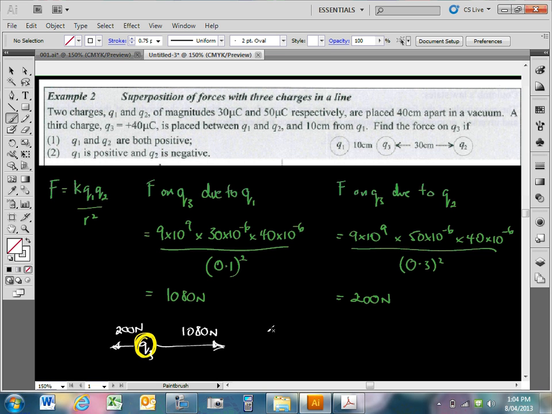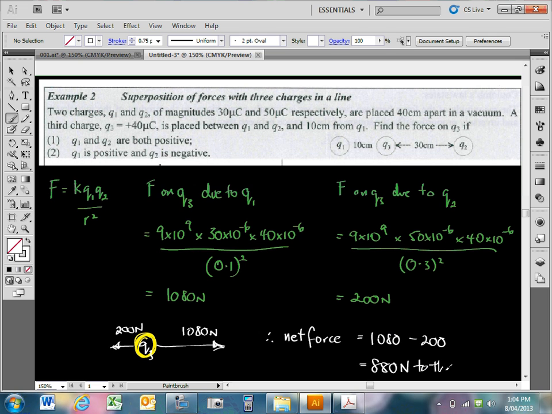Add vectorially. So therefore, net force: 1,080 minus 200 equals 880 newtons to the right.